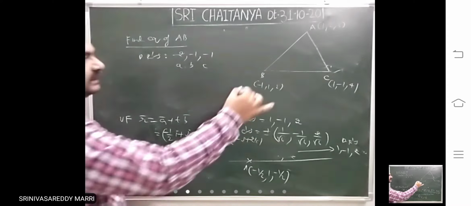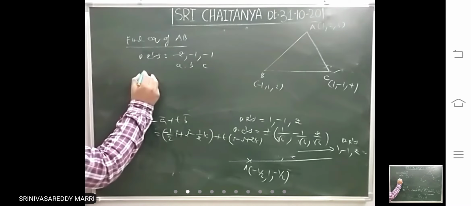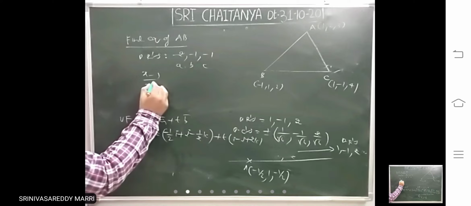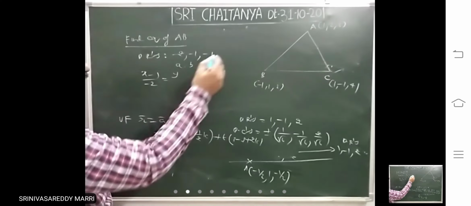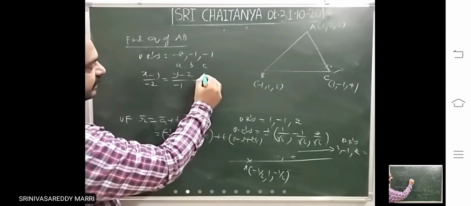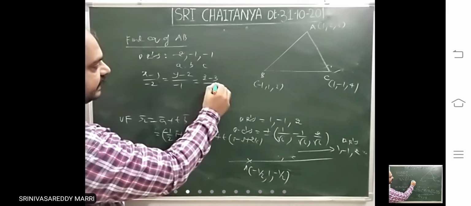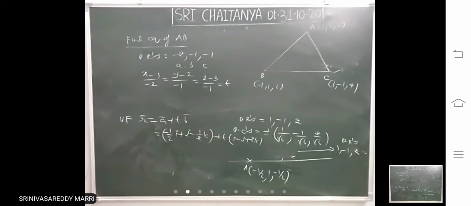On AB, two points are there. Any point you can take as x1, y1, z1. So taking that point, (y minus 2)/(minus 1) equals (z minus 3)/(minus 1) equals t. This is the equation of the line.